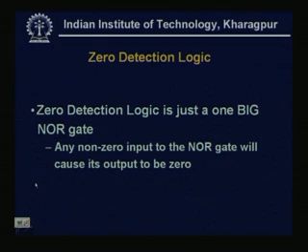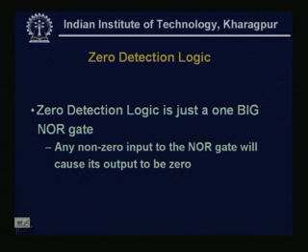Now, zero detection logic. Zero detection logic is just one big NOR gate. Any non-zero input to the NOR gate will cause its output to be 0, because NOR is the complement of OR. OR means that if at least one input is 1, the output will be 1.